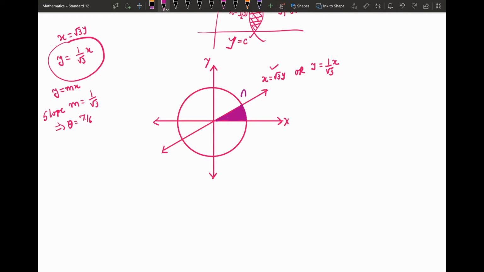Suppose this is A, and here is the origin 0, 0.